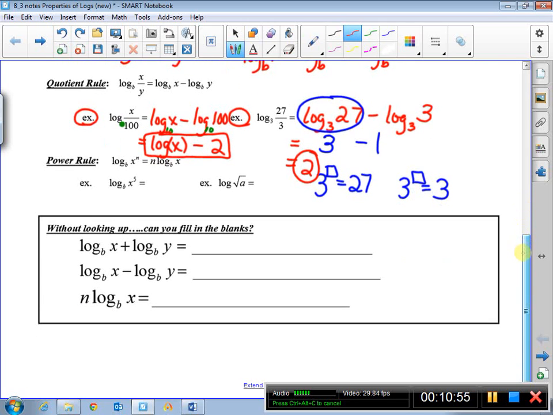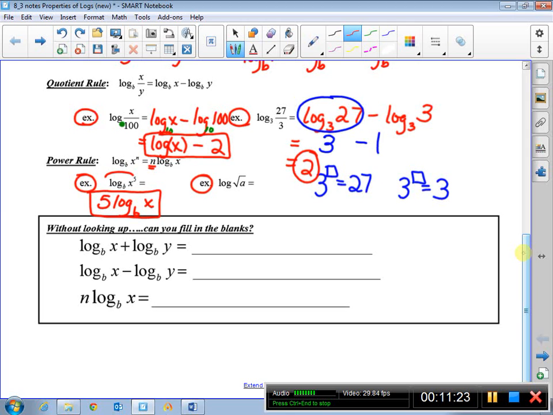3 minus 1 equals 2. And down below that, we have a couple of power rule examples. Log base b of x to the 5th. Remember that exponent just swings out front and multiplies. So I'll swing the 5 out front and write 5 log base b of x. Done. Second example. Oh, there's a root.